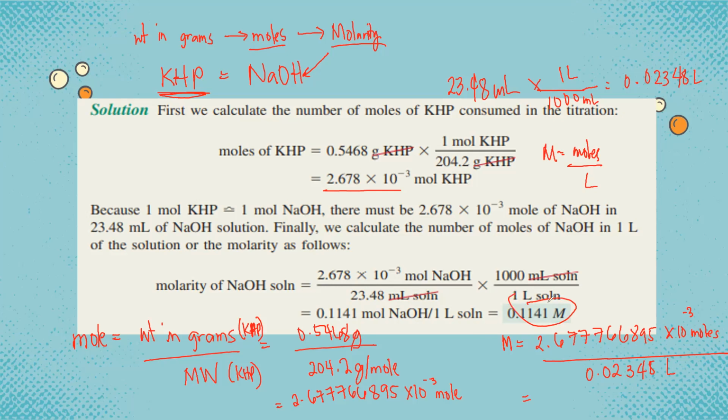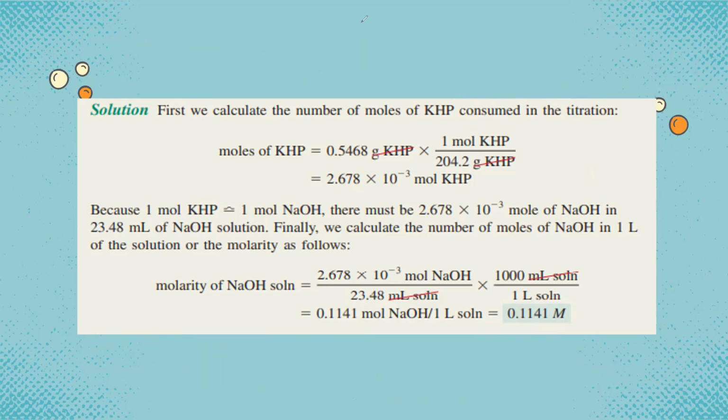Kasi yung ginamit sa example is 4 decimal places. Pag sinabi kong 2 decimal places lang, so ang answer natin dito is 0.11 moles per liter or simply capital letter M. So ayan, alam na natin ngayon yung concentration ng ating sodium hydroxide solution. Okay, that's how we do it using the acid-base titration.